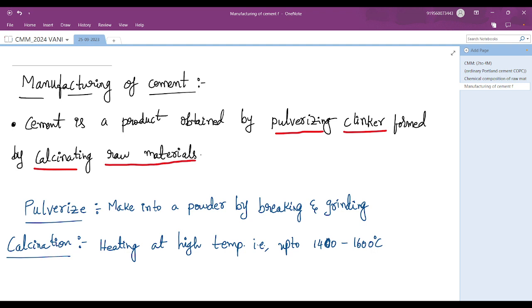So what is meant by calcination? Calcination is nothing but heating at high temperature. That is, the temperature is around 1400 to 1600 degrees centigrade.